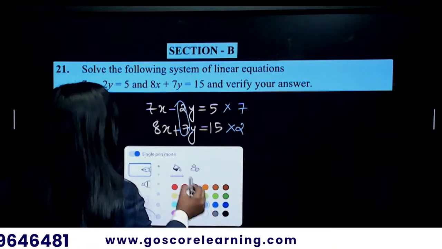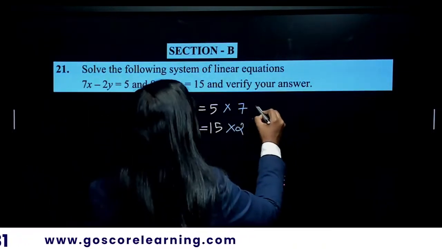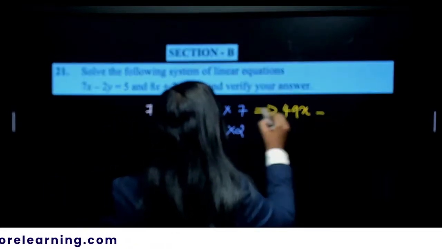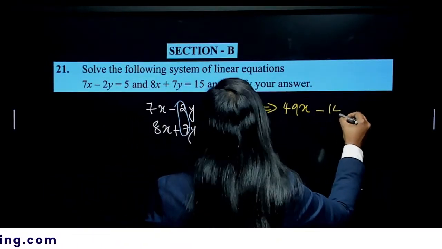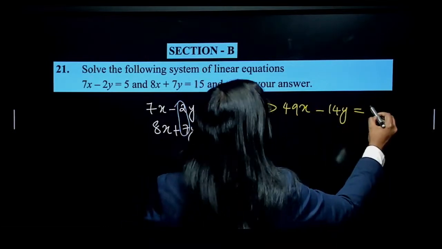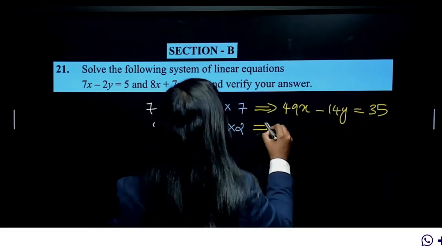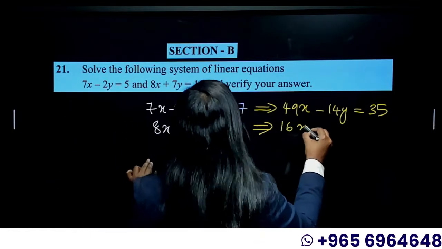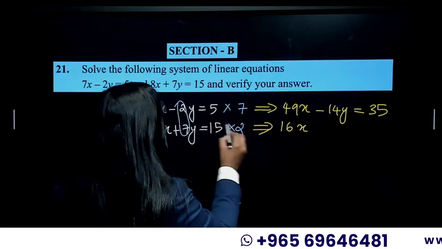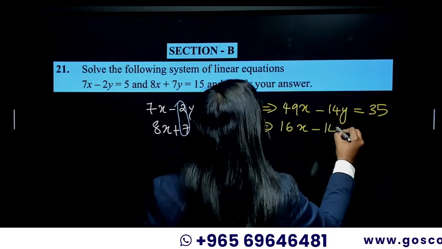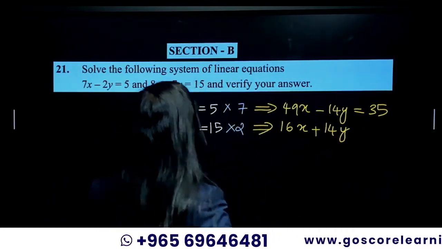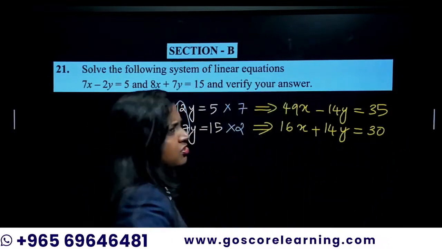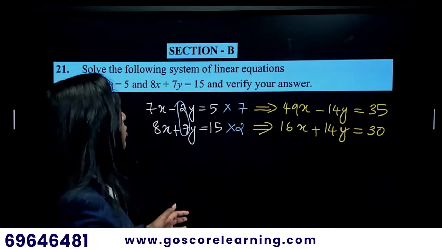So what will be the resultant? This is going to be 7 into 7, 49x minus 2 into 7, 14y, and 5 into 7, 35. And this will be 8x into 2, which is 16x, and 7y into 2, which is plus 14y, and 15 into 2 is 30.